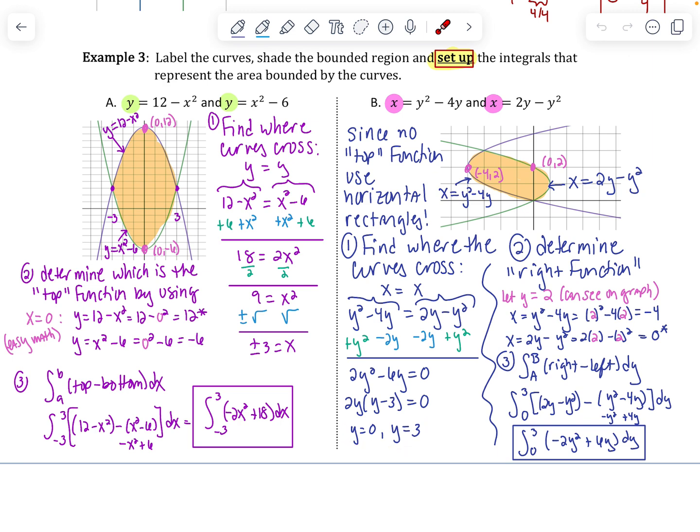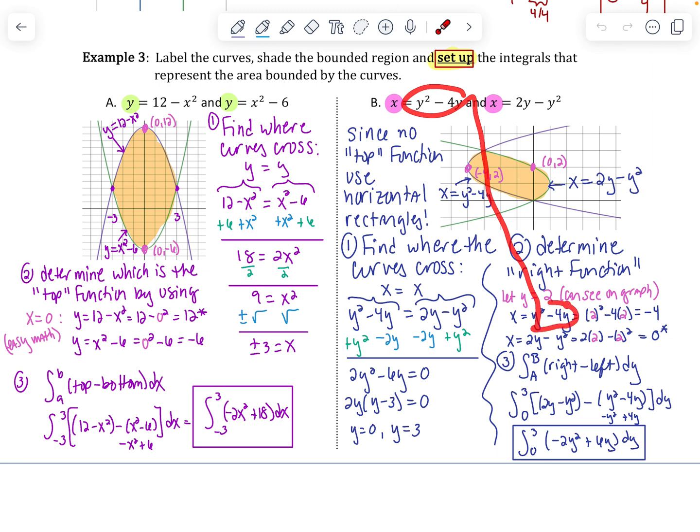So we want to pick a number in between 0 and 3. Even though last time we got to pick 0 because it was easier math, 0 is not in between these two values, so picking 0 won't be helpful. We'll be picking this point, and they will tie for being the furthest most right function. So I went ahead and picked 2 because it's a whole number. 1 might have been easier.